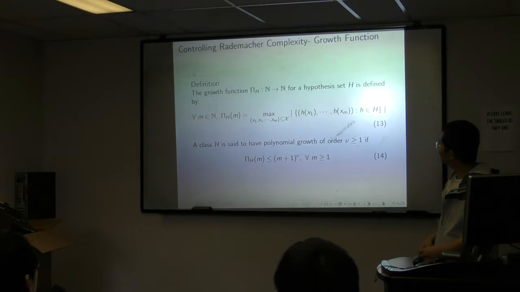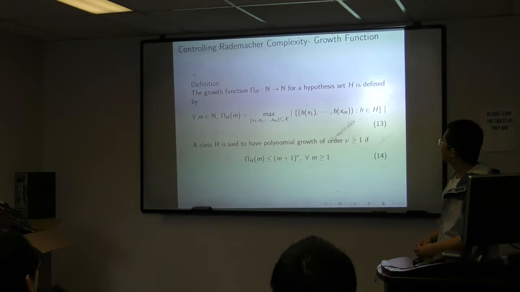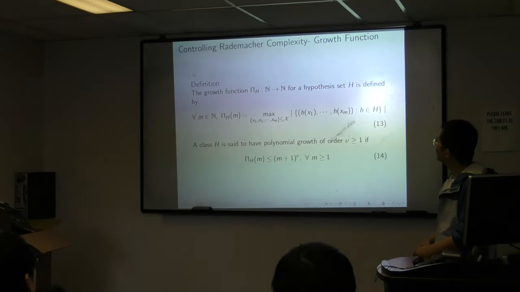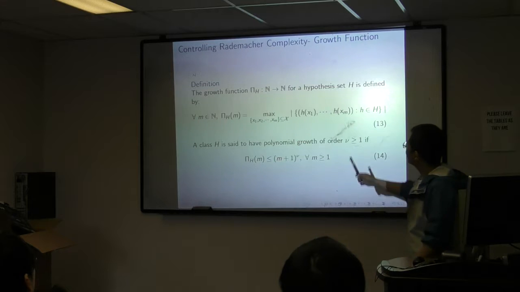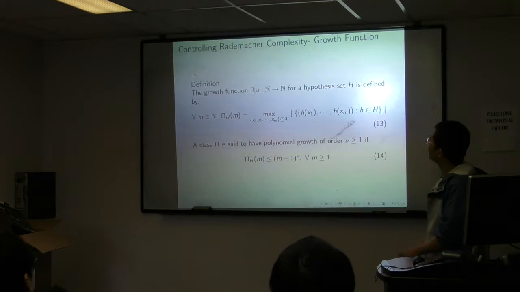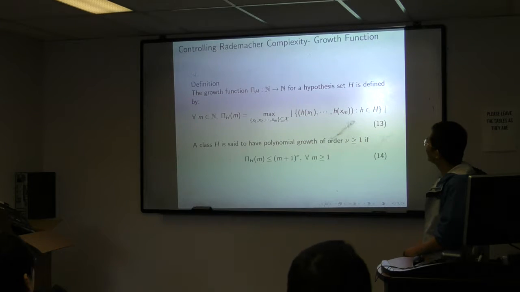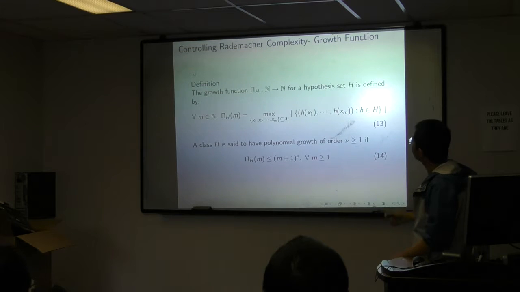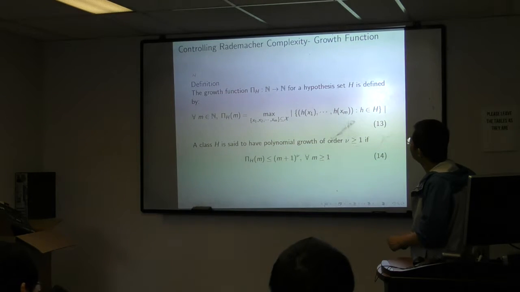Well, I still want to explain this definition. What does maximum mean? x1 to xm. You didn't explain it, you just read the definition. This H is the hypothesis function, and the maximum of the cardinality of this set of functions.